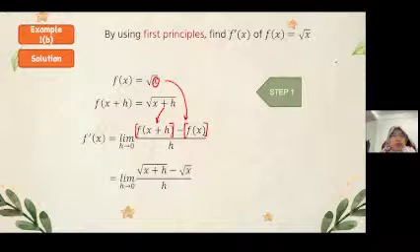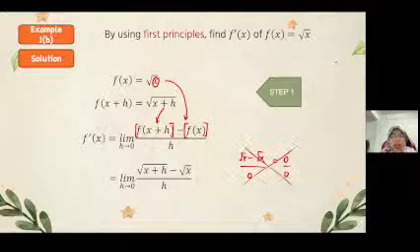Okay, so now you are going to get the limit as h approaches 0 for the square root of x+h minus square root of x over h. Okay, so now, if let's say you do try to substitute with h equal to 0 over here, what will happen is that you are going to get square root of x minus square root of x over 0, which is 0 over 0. So you do know that this is undefined, so we cannot define 0 over 0.